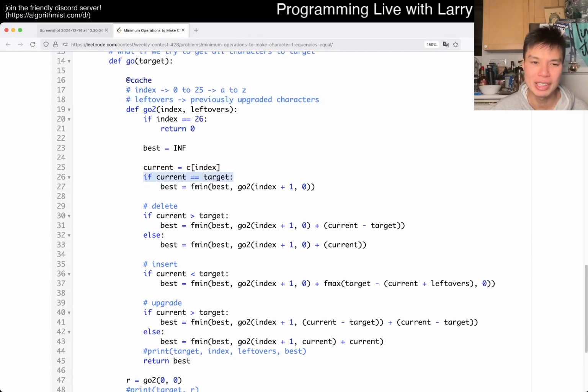If current is equal to target, we just go to the next one, right? Straightforward. We've already done it. We just go to the next index, right? But here I said leftover is 0. Why? We just ignore leftovers and go to 0. Well, if we have leftovers and we are trying to get there, it's equivalent to inserting, and the cost for deleting is the same as having one leftover, right?